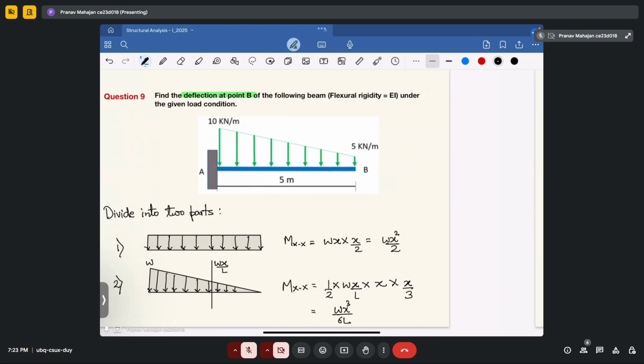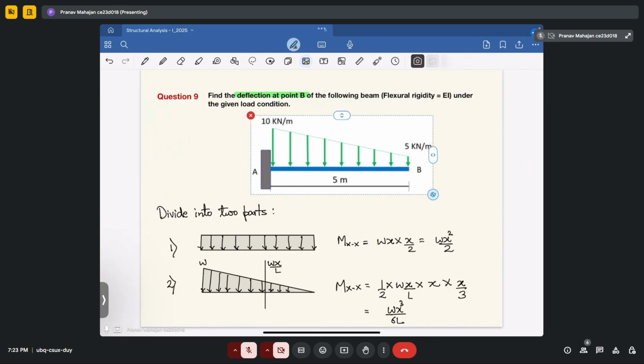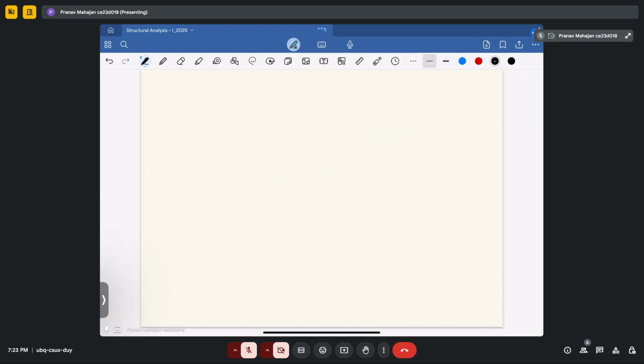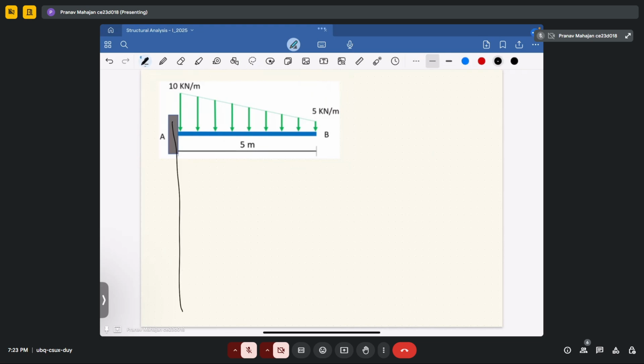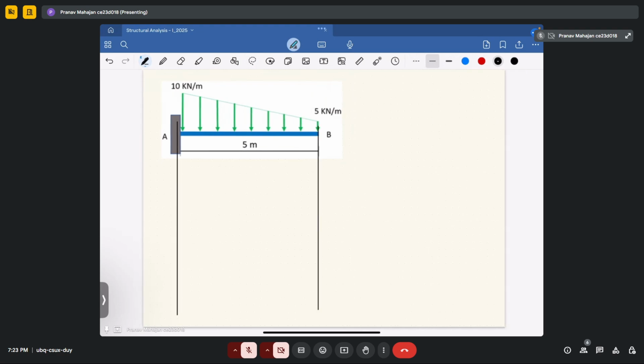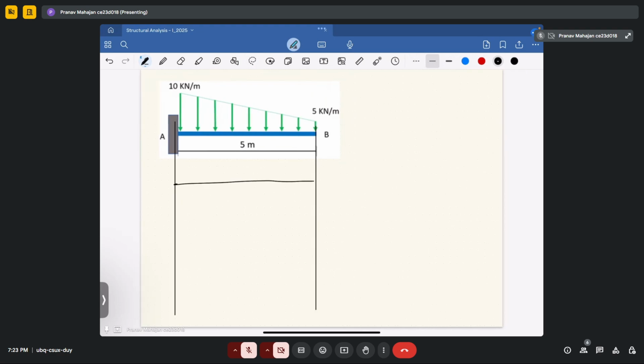Okay, so now let's draw the bending moment diagram for this case. We will divide it into two parts. Your first will be a 2-degree curve like this.